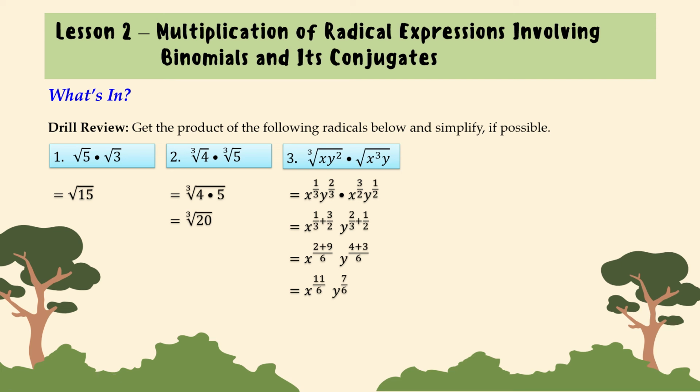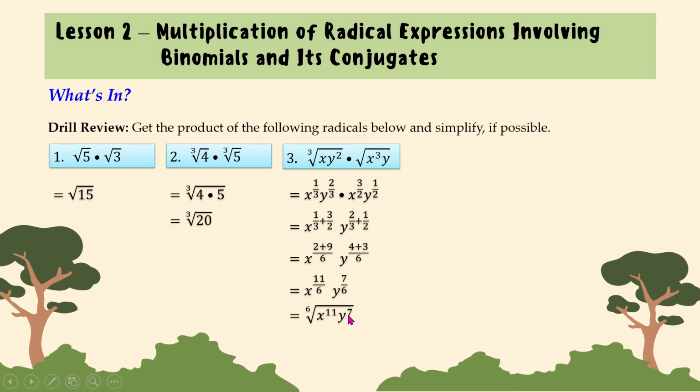What will happen next is to rewrite this exponential form back to its radical form. Since the two bases, x and y, have the same denominator 6, they will be written inside one radicand, and the index is 6. The exponent of x is 11, the exponent of y is 7.